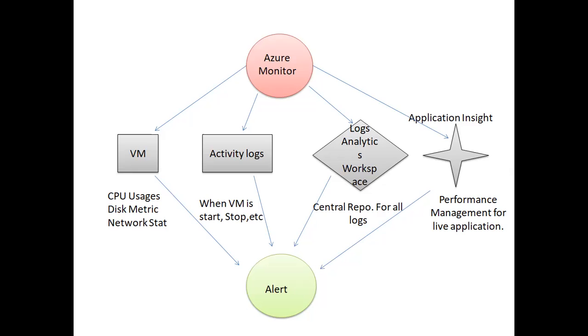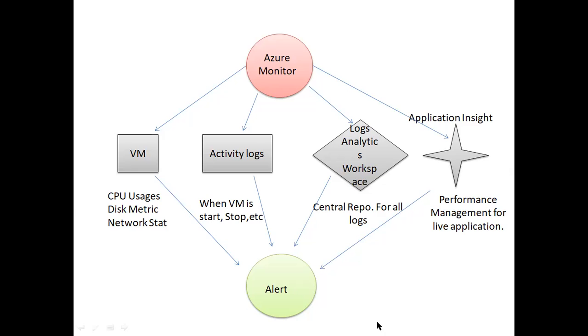So how do we monitor the logs of each and every URL? For that purpose we are using application insights. Suppose we are hosting a website on Windows Server 2012 and installing Windows Server IIS in it. If we want to monitor the logs of that, we can do so by using application insights.